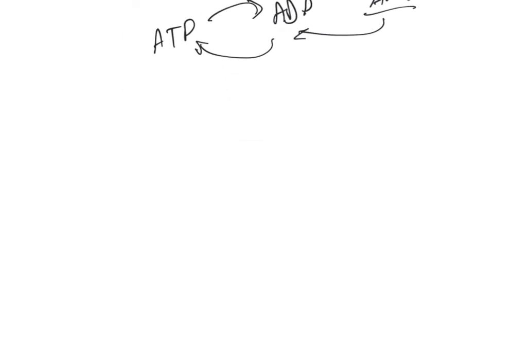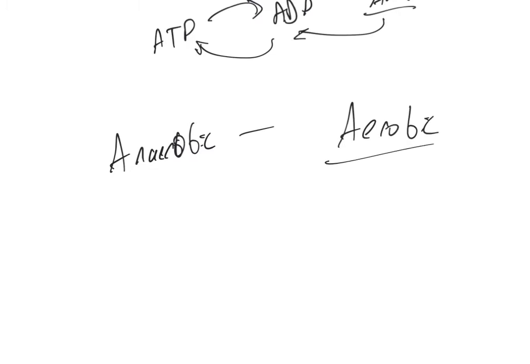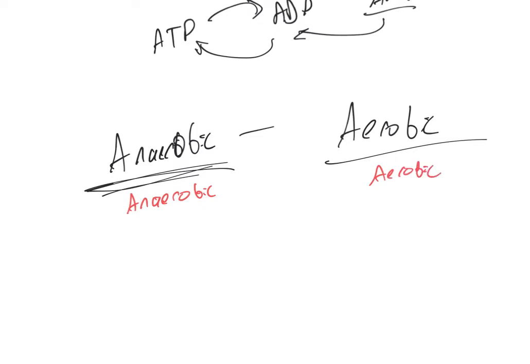So now, the next concept is you have anaerobic and you have aerobic. Anaerobic is without oxygen. Aerobic is with oxygen.